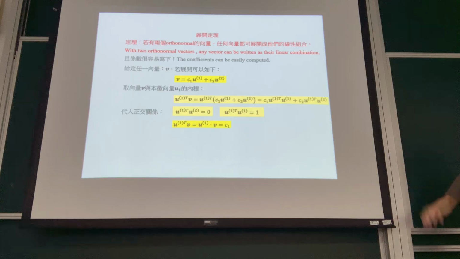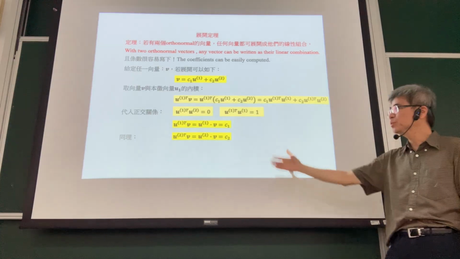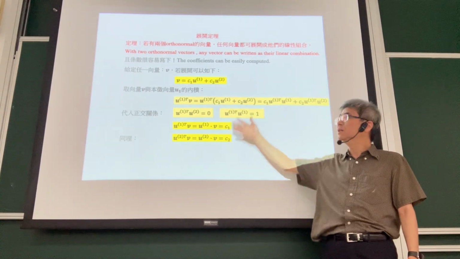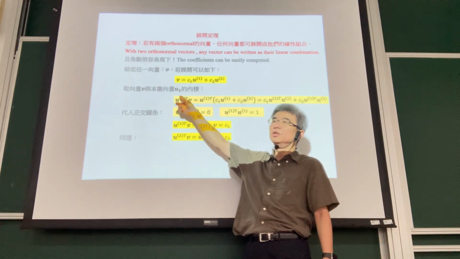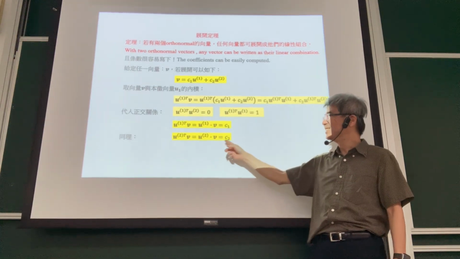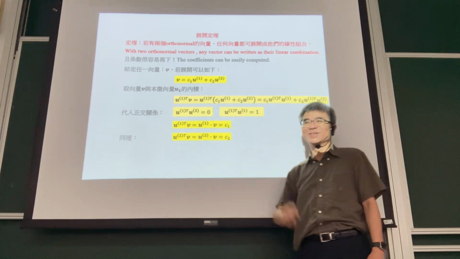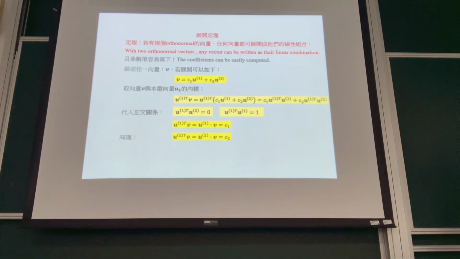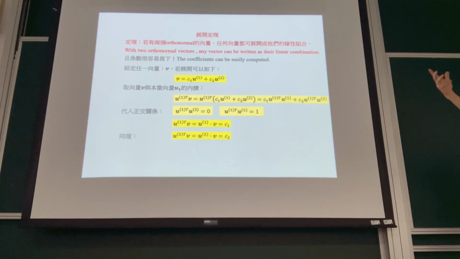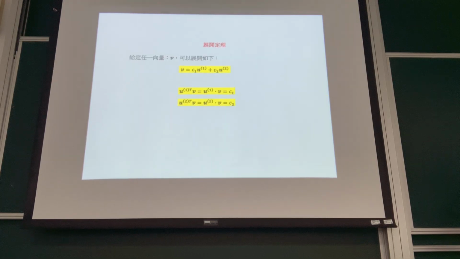And if C1 is determined this way, C2 could be written in almost the same way by multiplying V with U2. C2 equal to V dot U2. Done. So I determine C1, I determine C2, then of course the V could be decomposed into a linear combination.